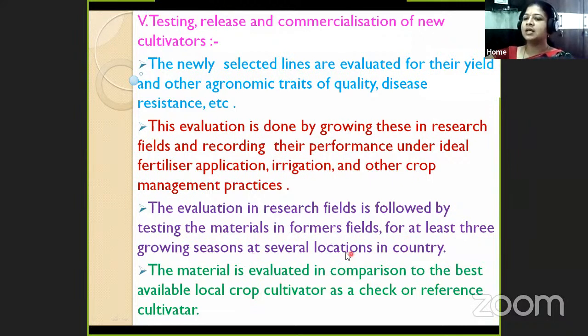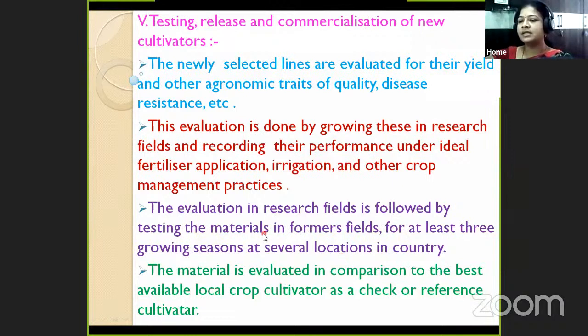Multi-locational trials means the selected testing material is transferred into farmer fields at several locations of our country for 3 to 4 growing seasons and its performance is recorded. In this way we find out whether the testing material is suitable to diverse environmental conditions, because several locations in our country have different atmospheric conditions.